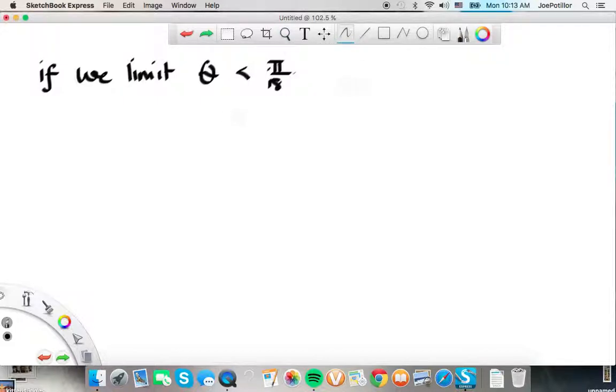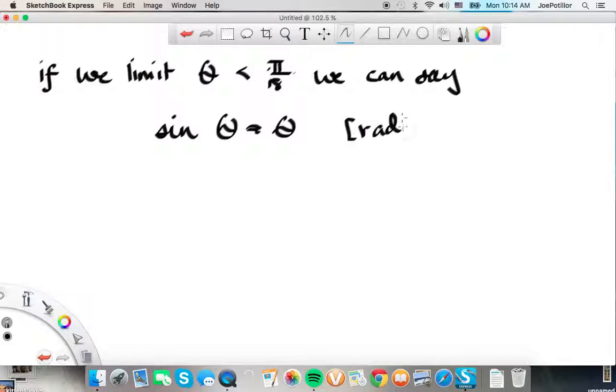Okay, we can say sine of angle theta is approximately theta. Right, this is only true for theta in radians, not degrees at all. So make sure that you have it in radians when we're doing the calculations. So our angles here, we have to keep in radians, not degrees.